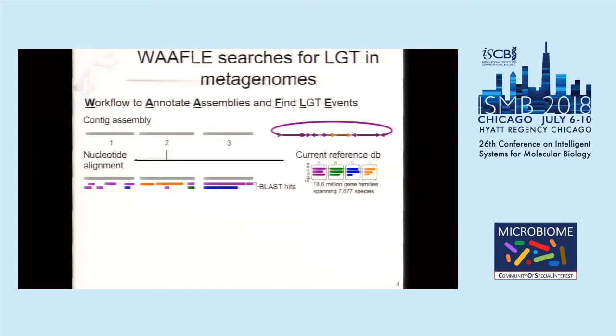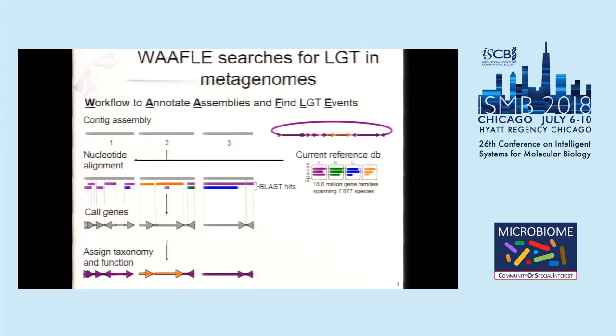So in the database on the right here, each box represents a species. Within each box is the pangenome for that species. So we do a nucleotide alignment of contigs against the genes themselves. And from that, you can either call genes using those hits, the start and end sites, or you can supply your own gene calls.